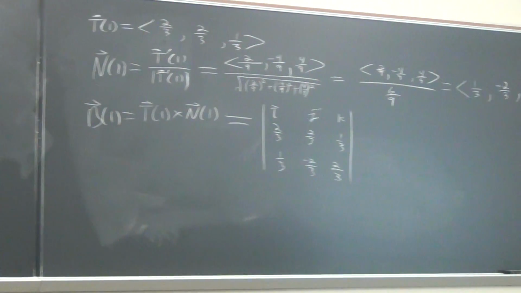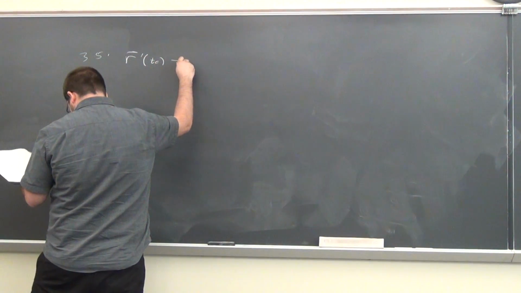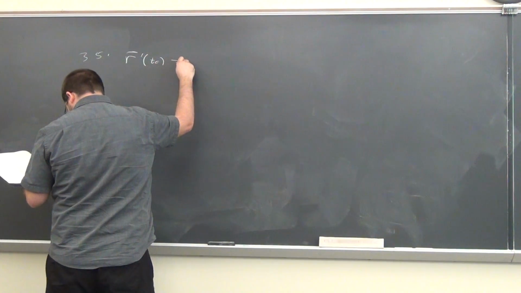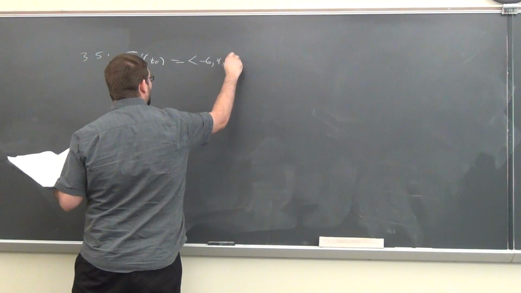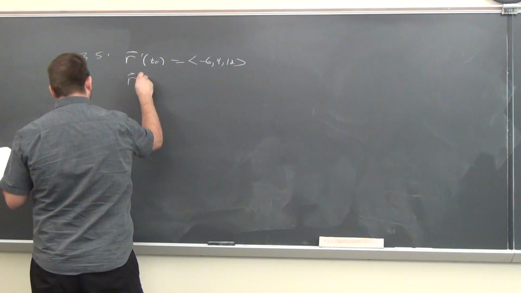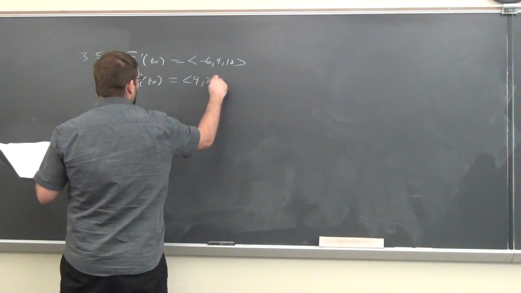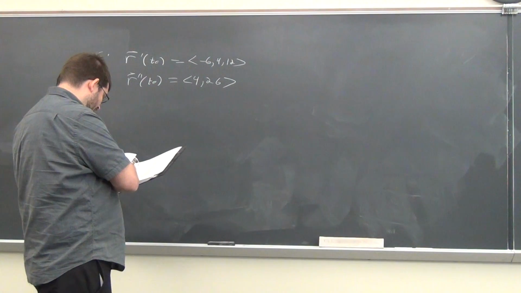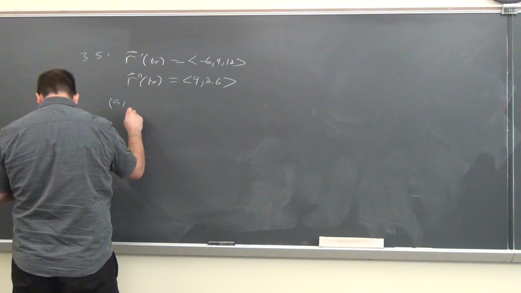So 35, they give you R prime of T naught, negative 6, 4, 12, right? And they tell you the second derivative at T naught is 4, 2, 6. And then they ask you to find a bunch of things, and I think you asked about B, right?